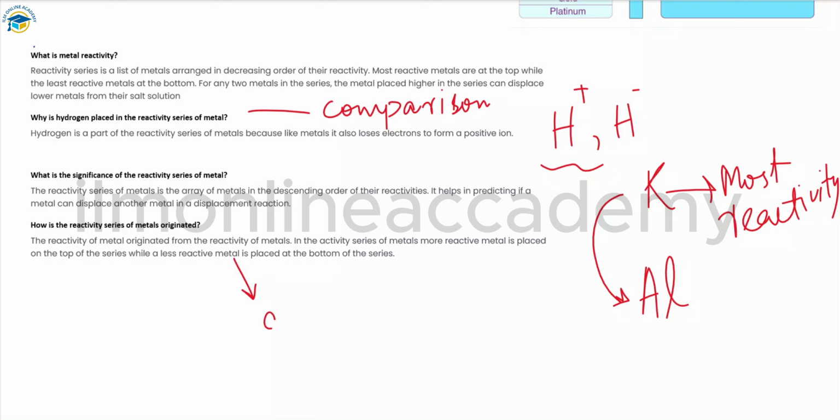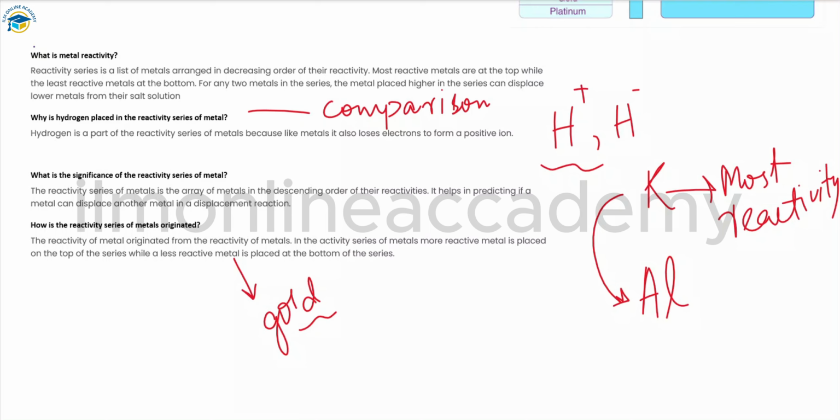We have less reactive metals like gold and platinum, which we also use for jewelry and ornaments, right? For jewelry purposes, you can use gold, platinum, silver, because they do not react with water, air, or oxygen, because they're least reactive. So that's why you can easily wear them anywhere, anytime. So these are the most frequently asked questions related to the reactivity series.